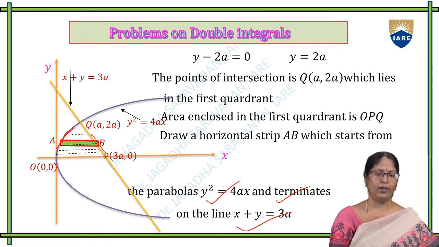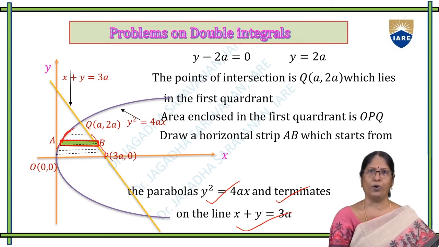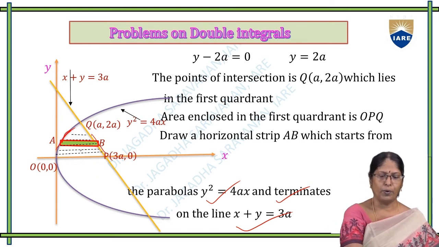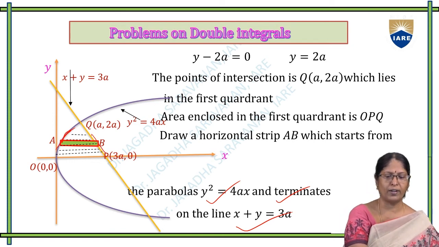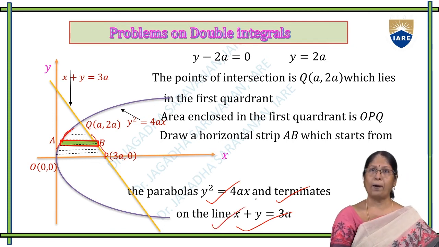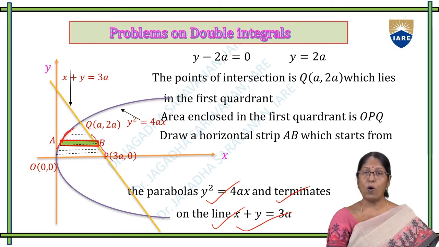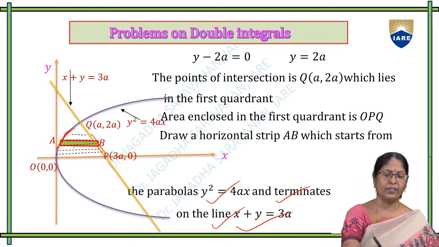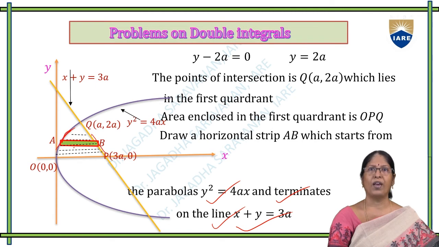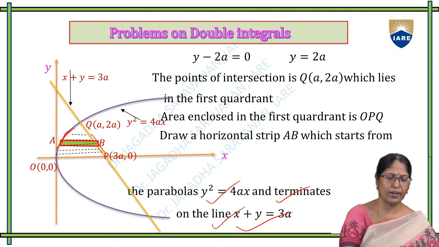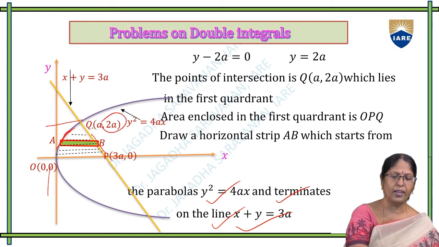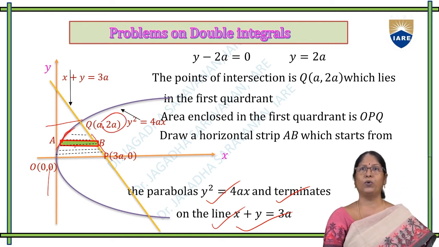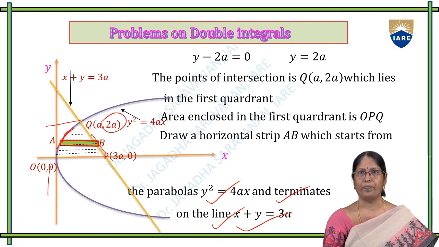The horizontal line is in the x direction, so the starting and ending are completed. Now, regarding the y direction of this horizontal strip, y goes from 0 to y equal to 2a.